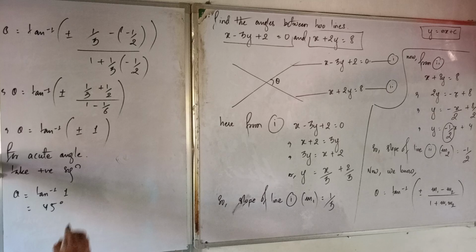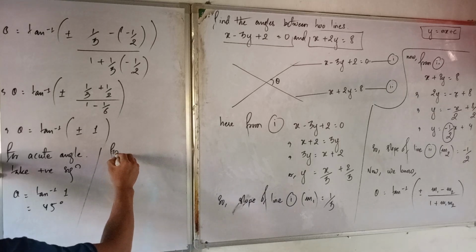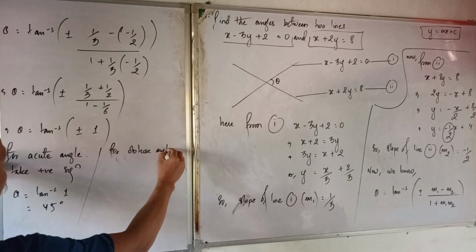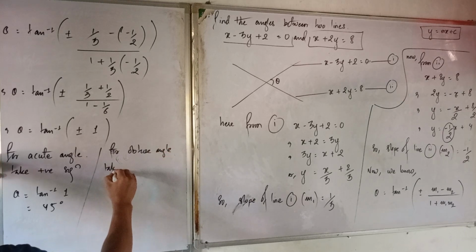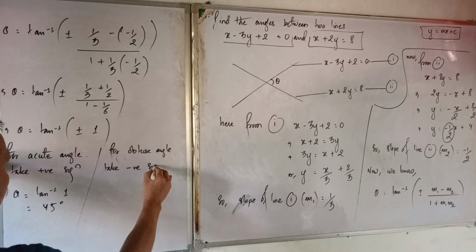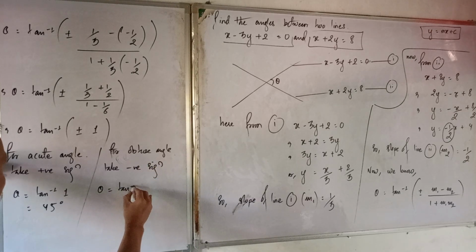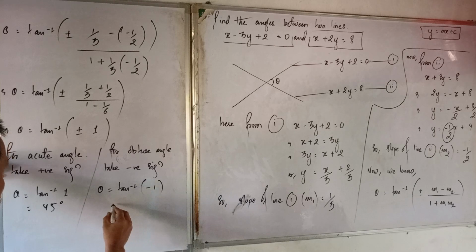For the obtuse angle, you take the negative sign, which is theta equals tan inverse minus 1.